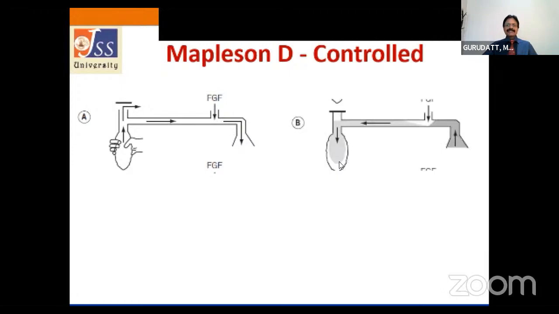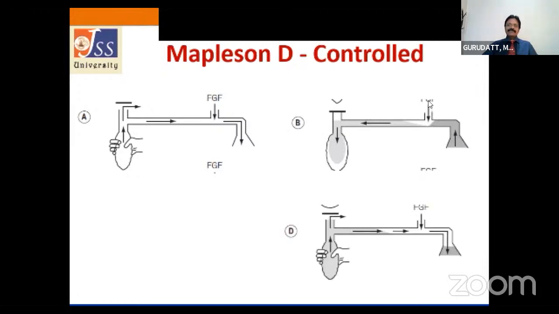During expiration, as we give a prolonged expiratory time and also an expiratory pause, the fresh gas flow that is entering is able to push the alveolar gas and the dead space gas into the bag. After giving a sufficient expiratory pause, when the bag is squeezed, most of the alveolar gas will move out and the remaining part of the breathing system, which is filled by the fresh gases, will be delivered to the patient.